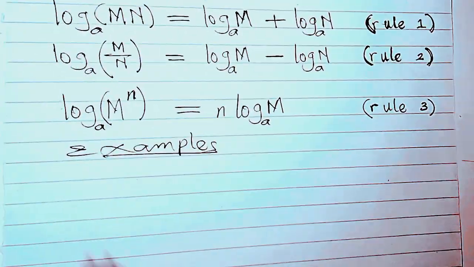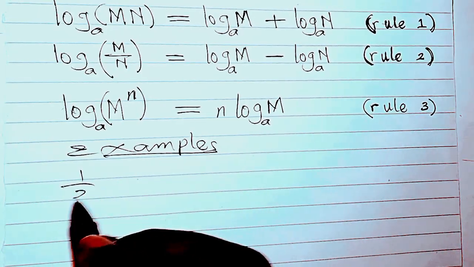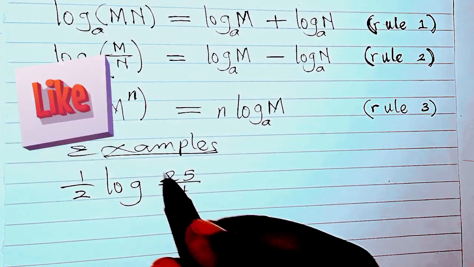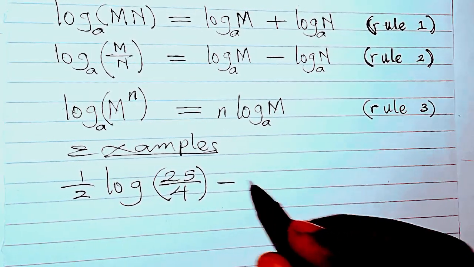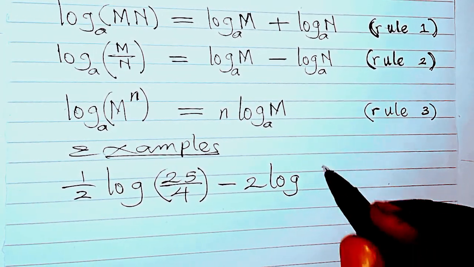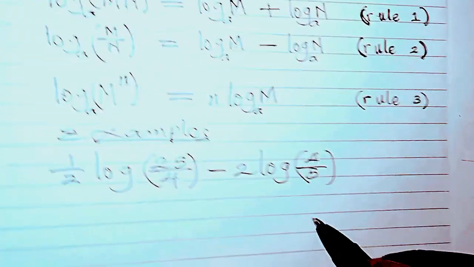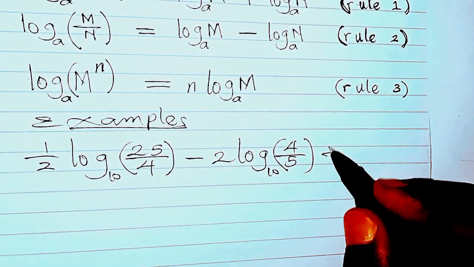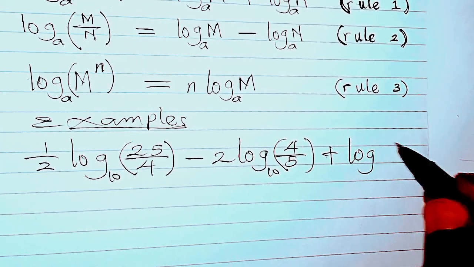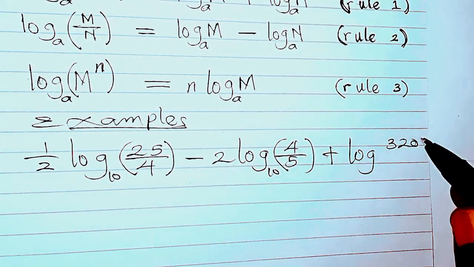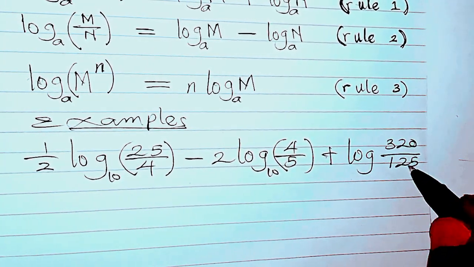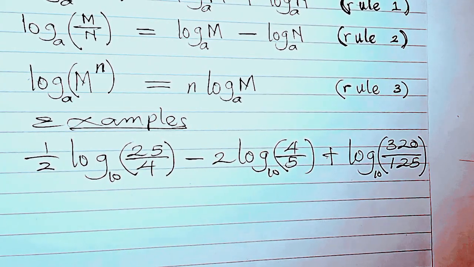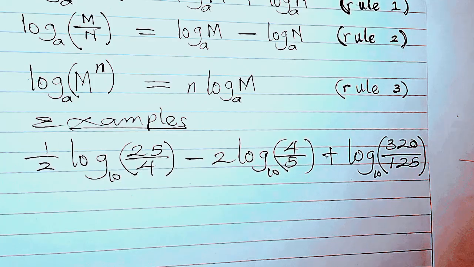We're to simplify 1 over 2 log 25 over 4 minus 2 log 4 over 5, and then base 10, of course, the base is 10, and then plus log 320 over 125 base 10.